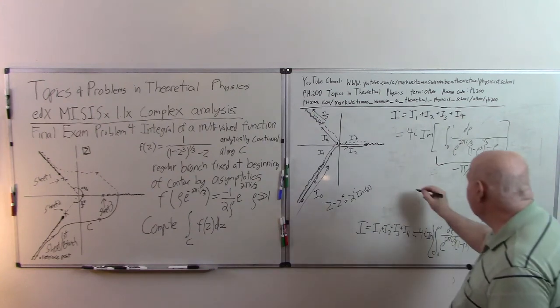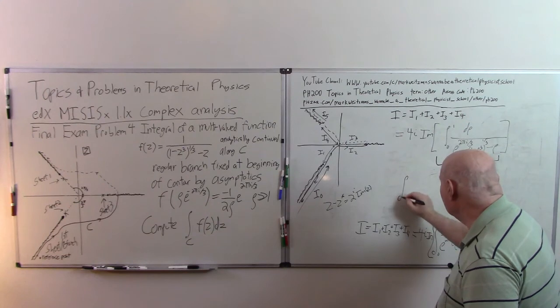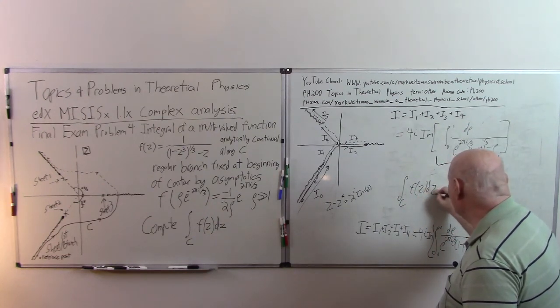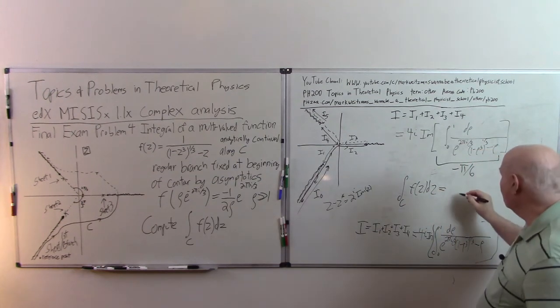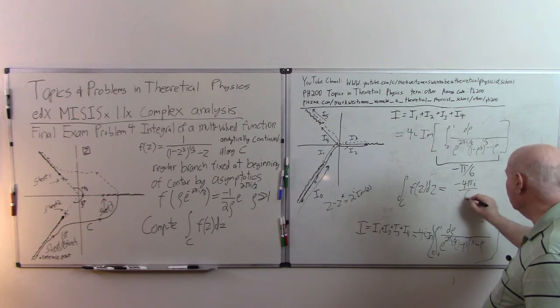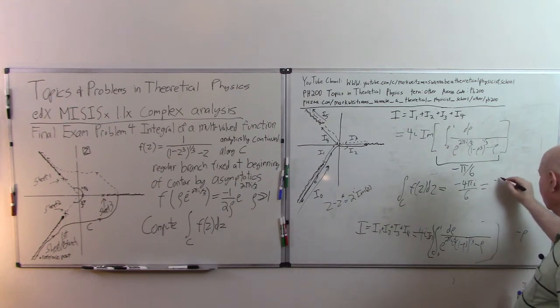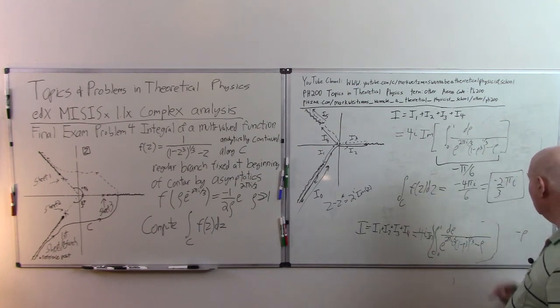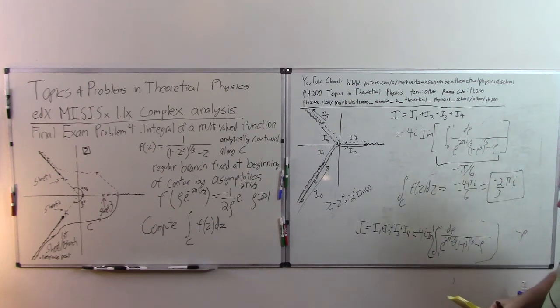So our final answer for the integral over the contour of f of z dz is equal to minus 4 pi i over 6. It's equal to minus 2/3 pi i. And this agrees with what the professor calculated and what's given as the answer to the problem.